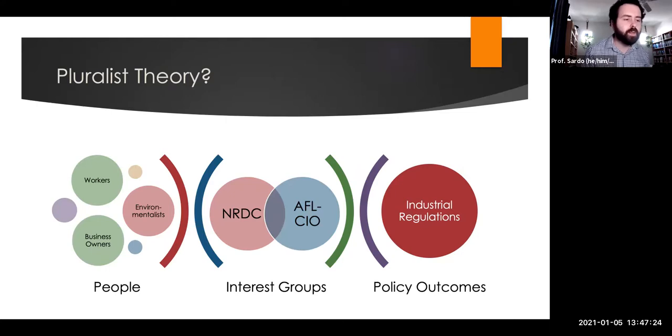They can exert electoral influence. Groups like the Natural Resources Defense Council or the American Federation of Labor. There are inequalities, but because power isn't held by a handful of people, but is broadly distributed throughout society, if you're able to mobilize enough people and build enough collective action, you can influence policy outcomes, you can get industrial regulations to pass in ways that benefit your group.